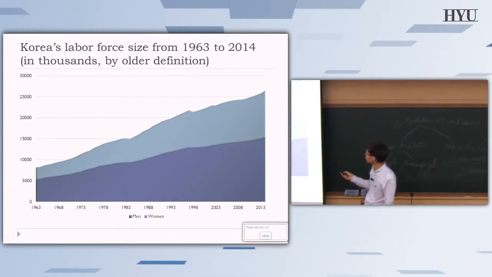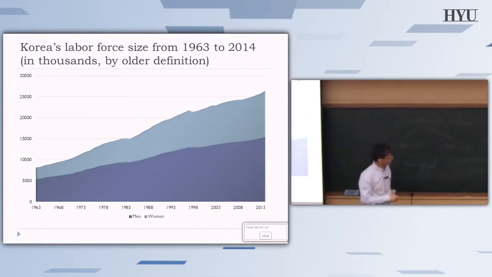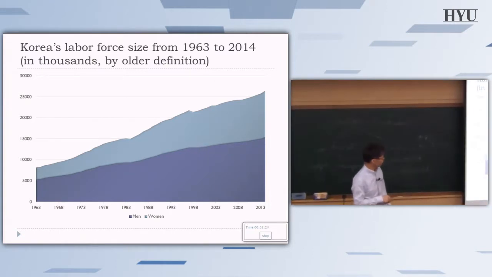So now the total size is 26 million something, 26, 27 probably. So the labor force size for the past half century more than doubled. It's probably almost tripled. So we have a lot more people working than 50 years ago.